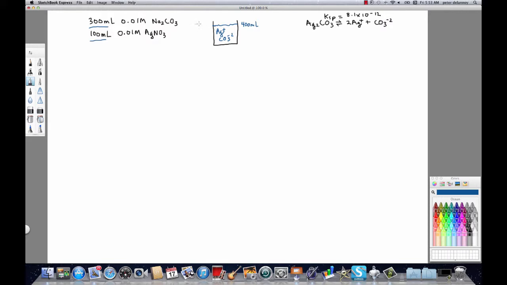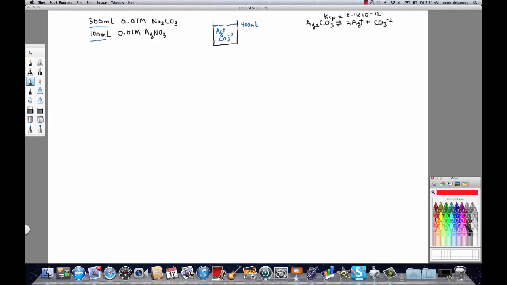And so the question is the following: will a precipitate form? And if it does, what will be the new solubility of the compound, given the equilibrium expression I have over here on the right, where the equilibrium constant for the solubility of silver carbonate is 8.1 times 10 to the minus 12th.